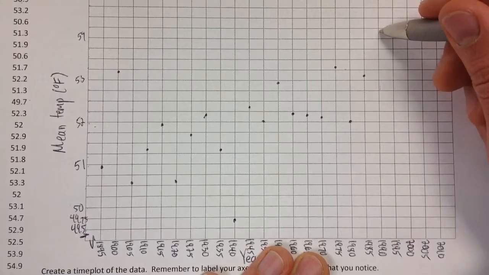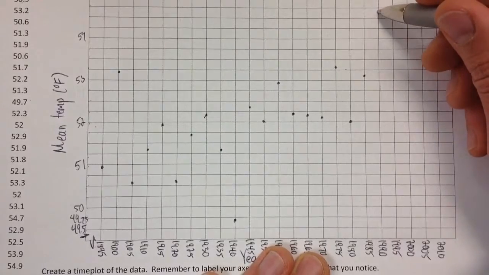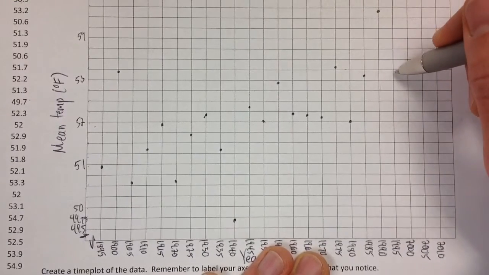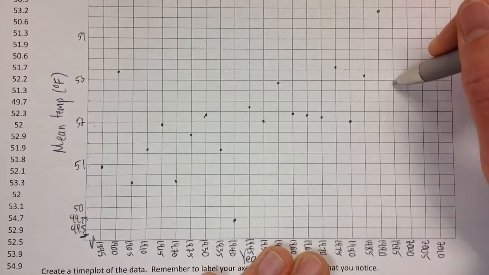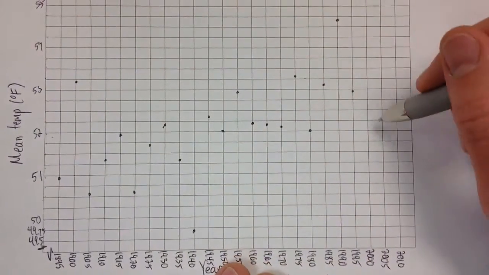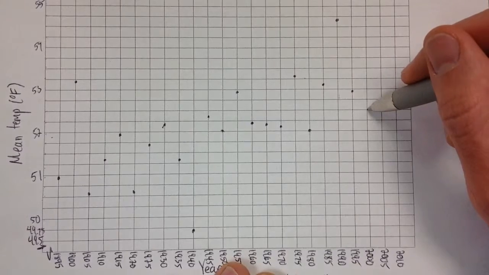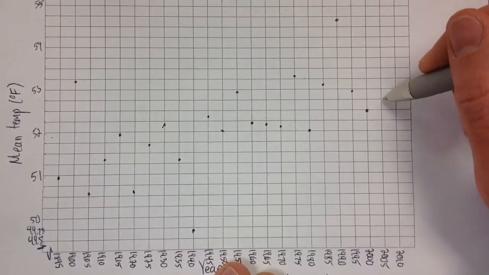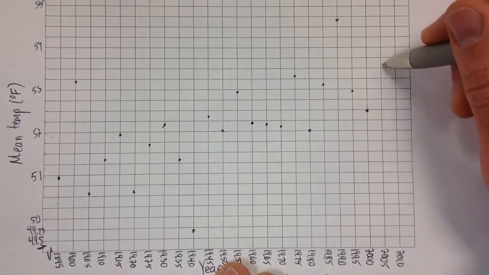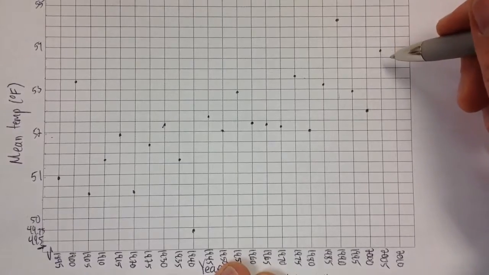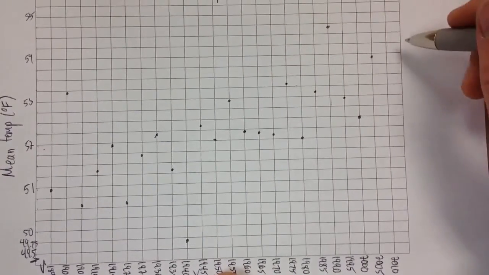That was a warm year. 54.5. 1995, 52.9. 2000, 52.5. 2005, 53.9. And 2010, 54.9.